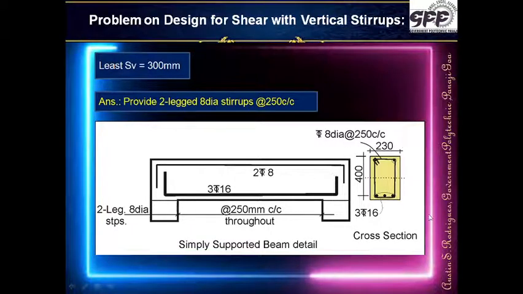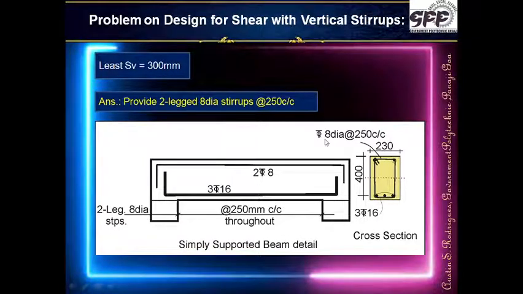Now when we see the cross section taken anywhere over here, 230 mm is the width, 400 mm is the effective depth. There are 3 bars of 16 shown like this, and these stirrups, Tor 8 at 250 mm.